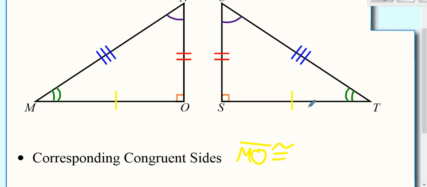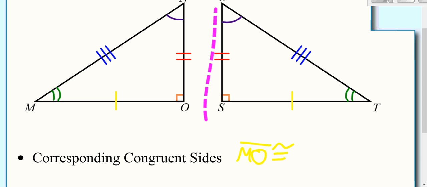What's important when you are writing these down is that you need to write them in the exact order so that the letters match up. So it's important that you identify the rigid motion first. To make these two triangles match up, it would be like a fold, a reflection over a line.